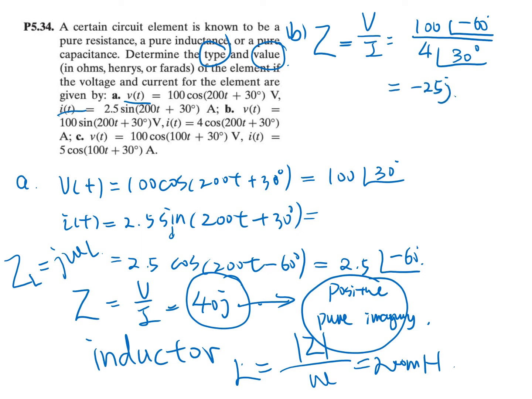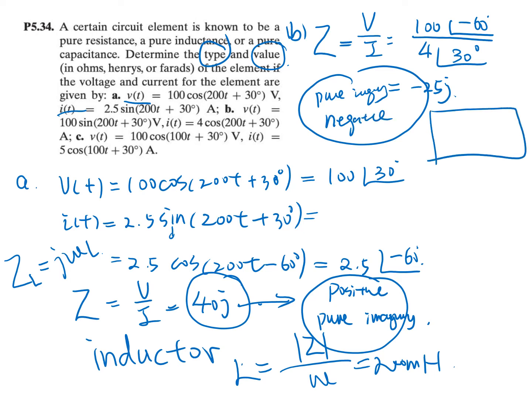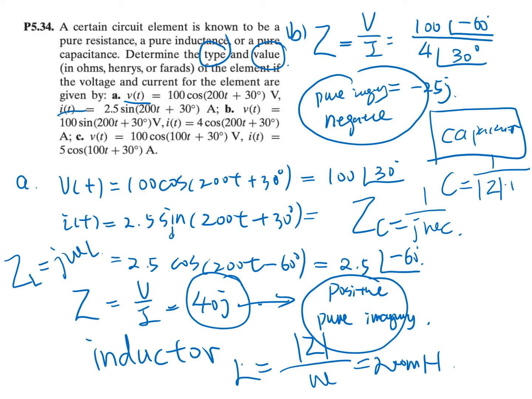And this is a pure imaginary negative value. So this is a capacitor. With the formula, we have ZC is equal to 1 over j omega C. We can find C is 1 over Z times omega. That is 200 millifarads.